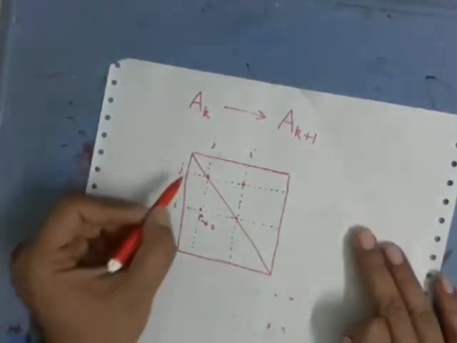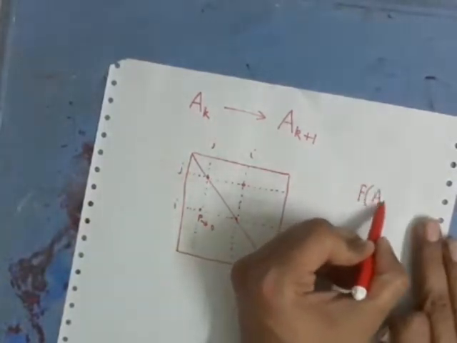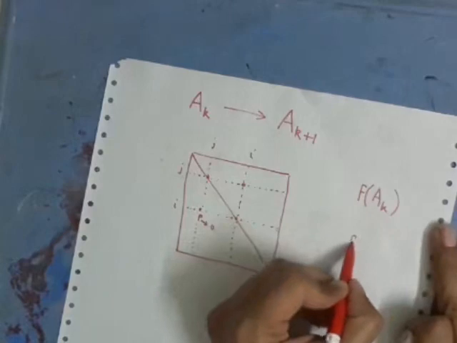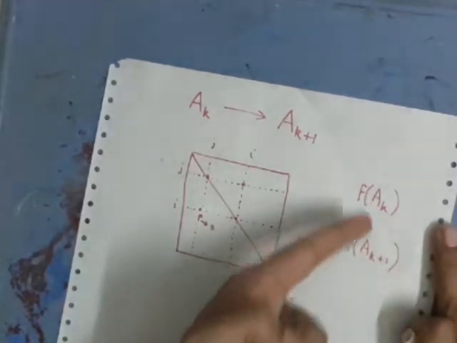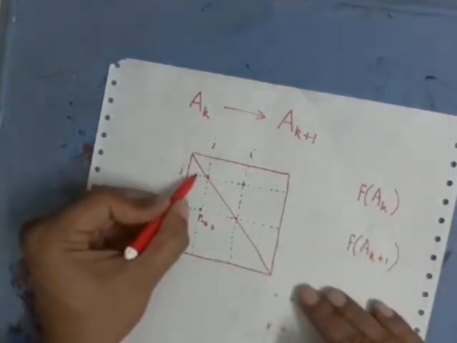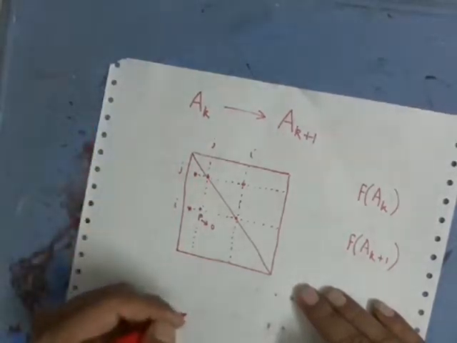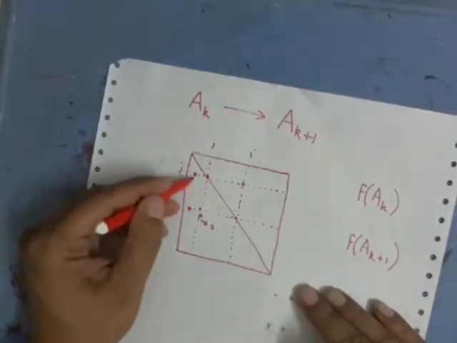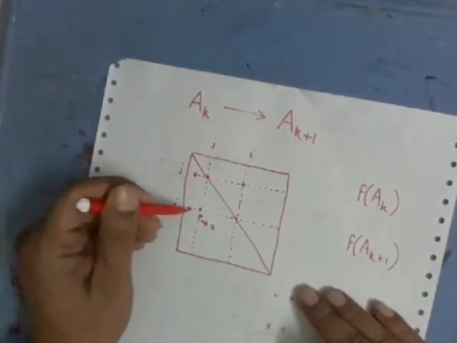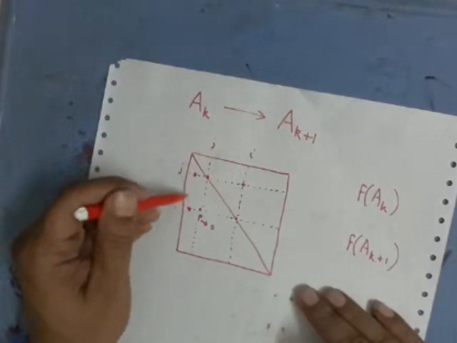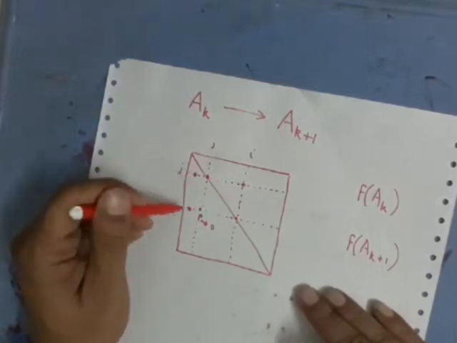Now let us see how this influences F(Ak), that is, how F(Ak) changes to become F(Ak plus 1). Let's consider these 2 entries. When you apply the pre-multiplication, these numbers have possibly changed, but because you pre-multiplied by an orthogonal matrix, the total sum of squares of these 2 entries must remain the same. They may be redistributed, but the total must remain the same.